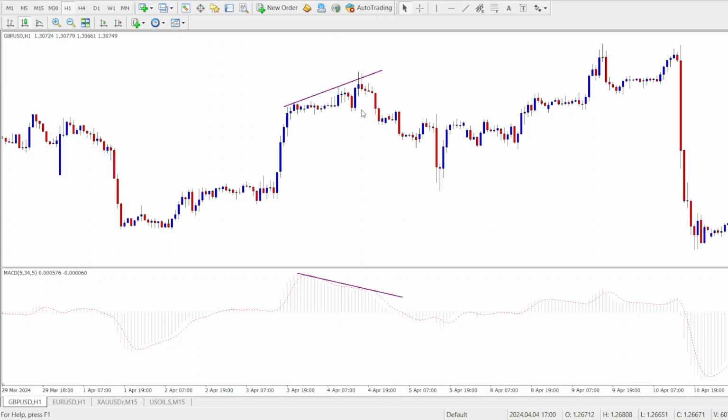And we can see that although there was a retracement, the price eventually continued to this point before a sell finally happened here.